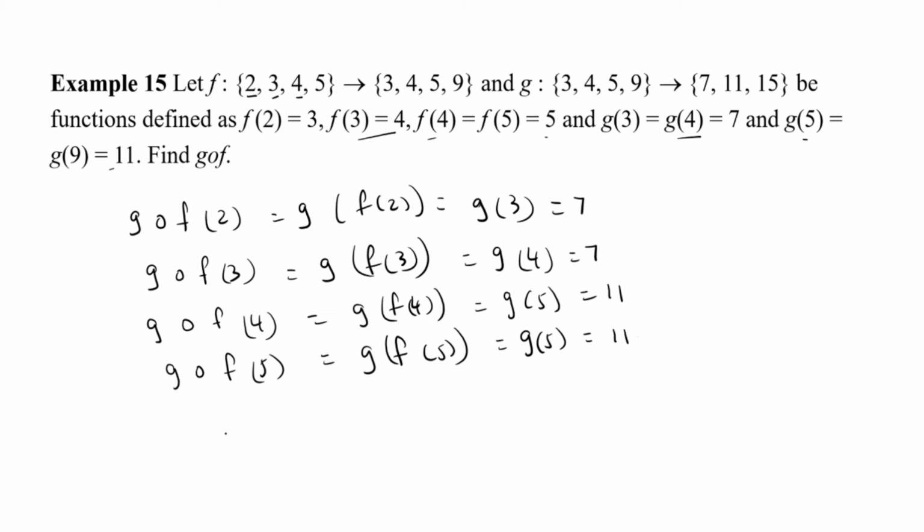So the composition of f and g, g of f, is a function from 2, 3, 4, 5 to 7, 11 defined as these values.